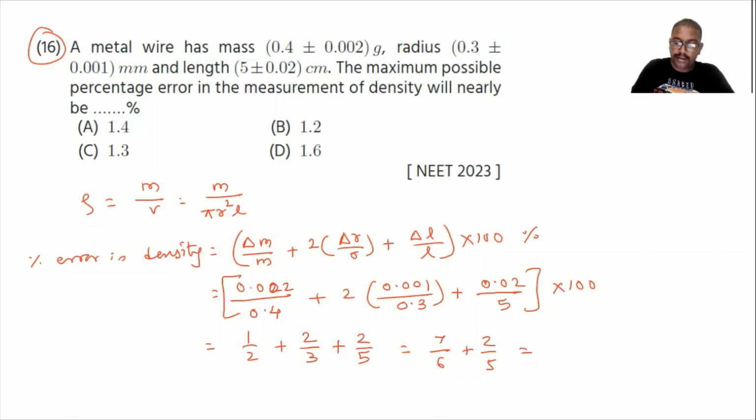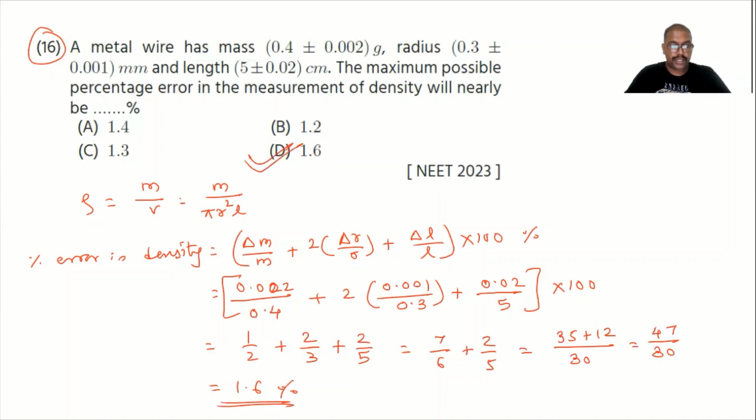So it is coming 47 divided by 30. 47 divided by 30 is coming near about 1.5 to 1.6. So 1.6 is in the option. So the answer is option D, 1.6%.